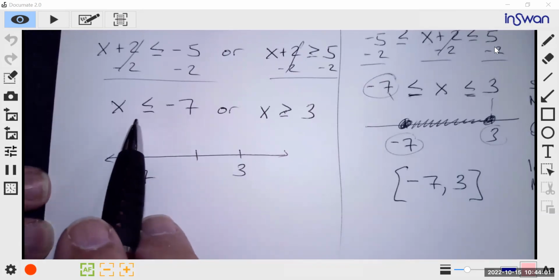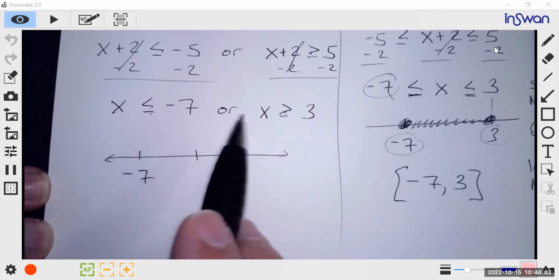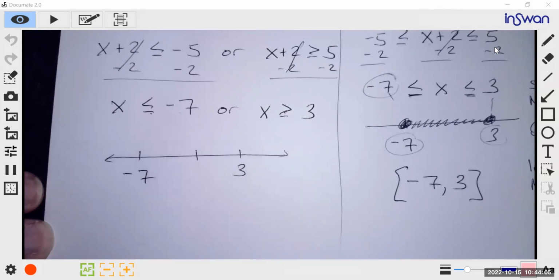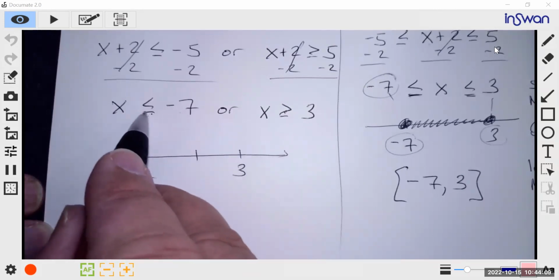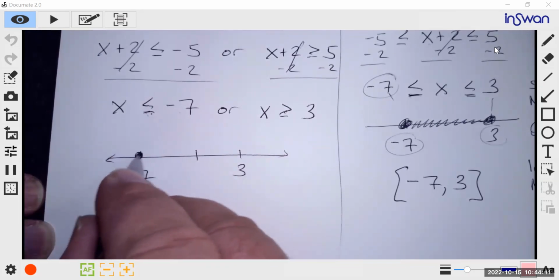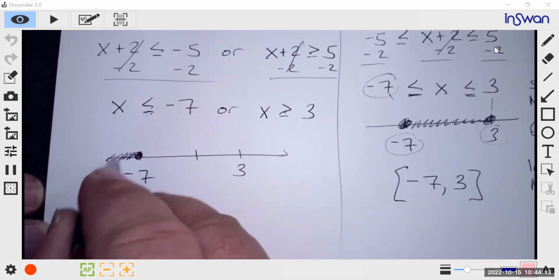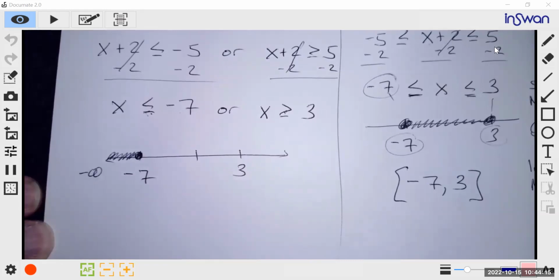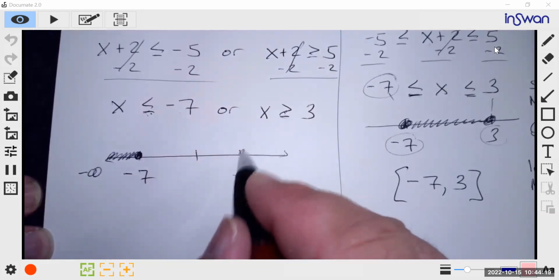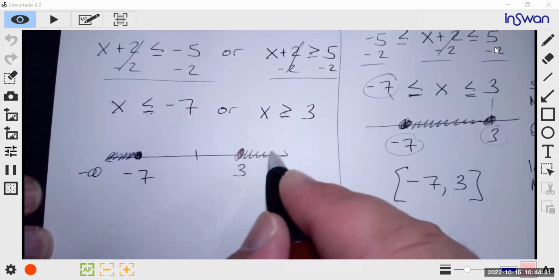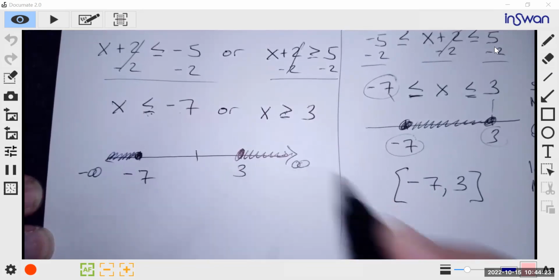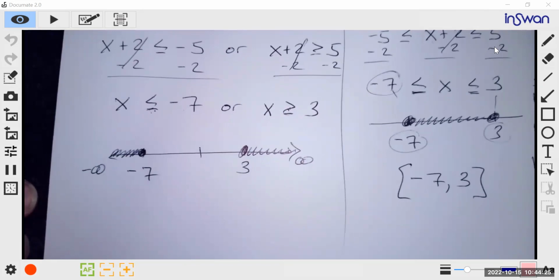So the set notation is x is less than or equal to negative 7, or x is greater than or equal to 3. Since they're equal to, those are solid dots. x is less than negative 7, so it's to the left, toward negative infinity. And x is greater than, solid dot, so it's going toward infinity.